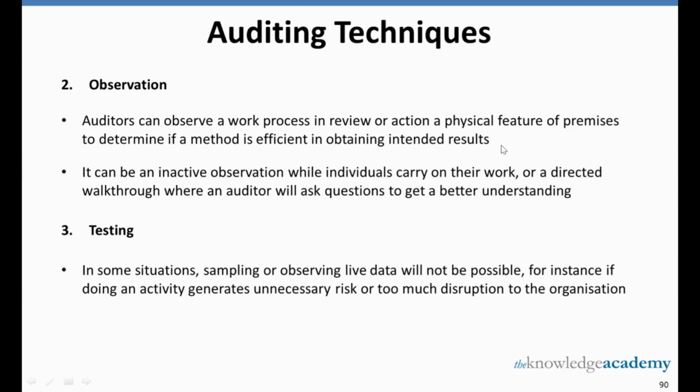And third, we have testing. In some situations, sampling or observing live data will not be possible. For instance, if doing an activity generates unnecessary risk or too much disruption to the organization. So, while observing, if you are standing beside an employee and you are observing what he is doing, you are asking some questions, he might be getting disturbed. You might be disrupting his process.